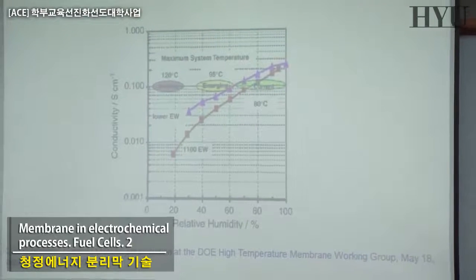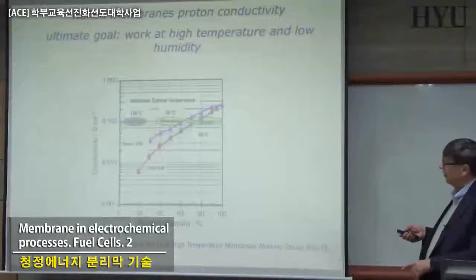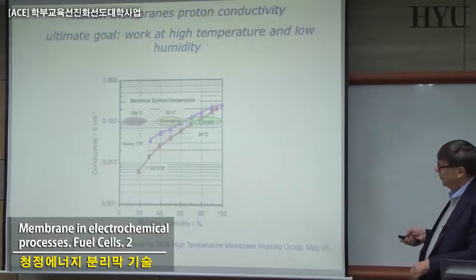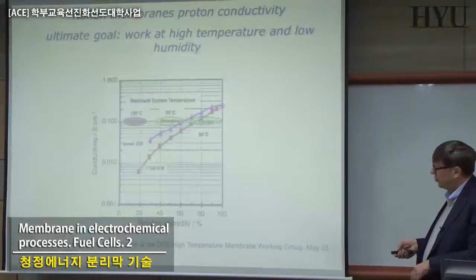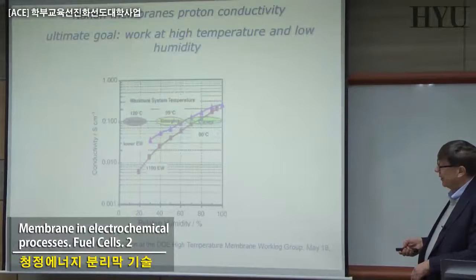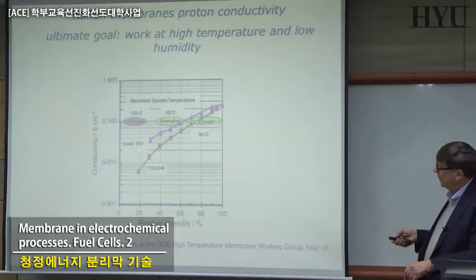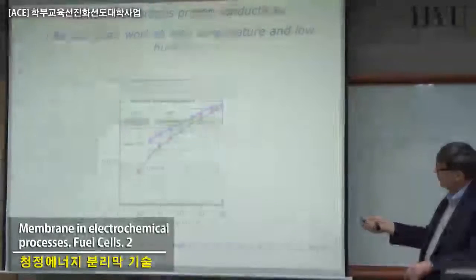The ideal, what people are trying to obtain, and maybe something will happen one day, is a system where the conductivity of your membranes as a function of relative humidity has to be high also at relatively low humidity. And that will be this 120, this kind of situation that you have up here.